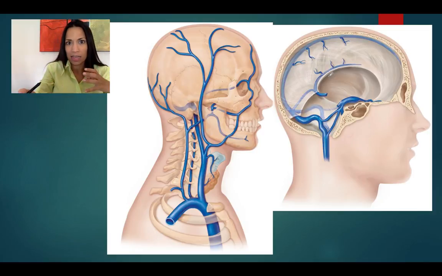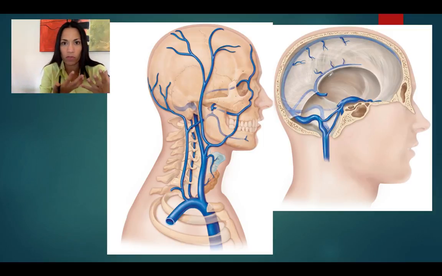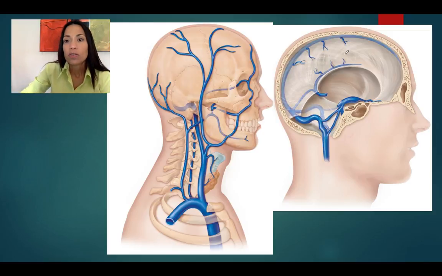So it acts as a vein, but it doesn't have the regular structure of any other vein. These dural sinuses are collecting deoxygenated blood from mostly the entire brain, and they empty all of this deoxygenated blood into the internal jugular vein.